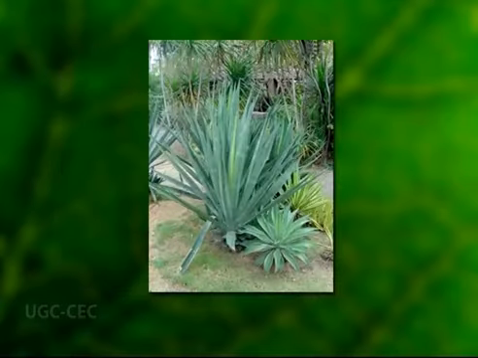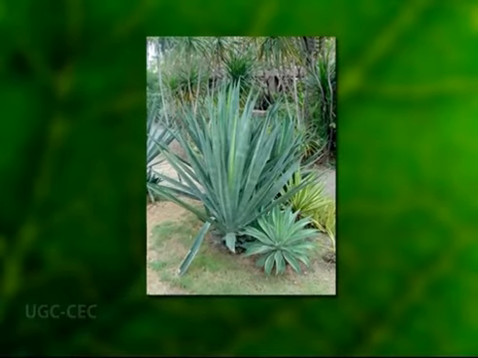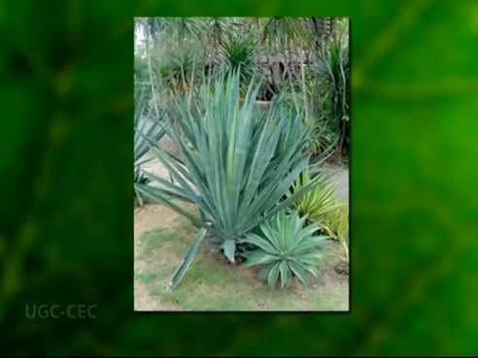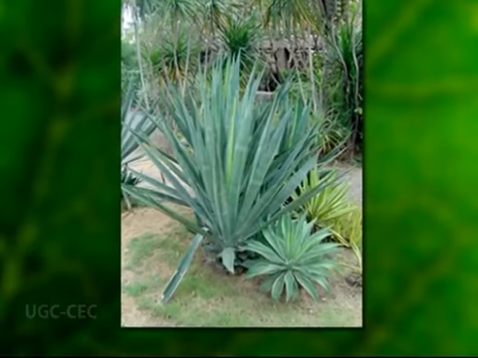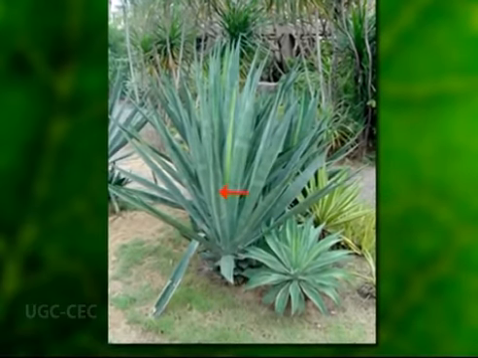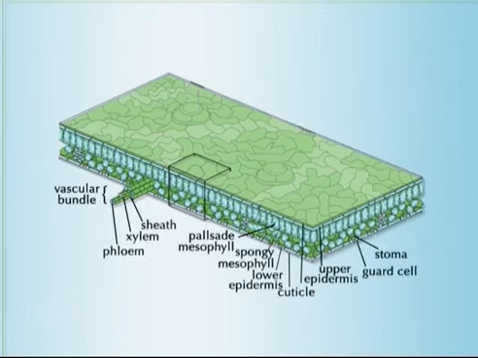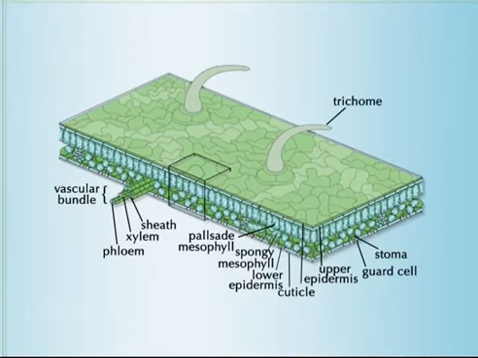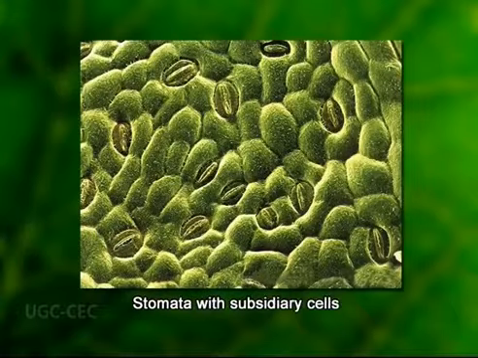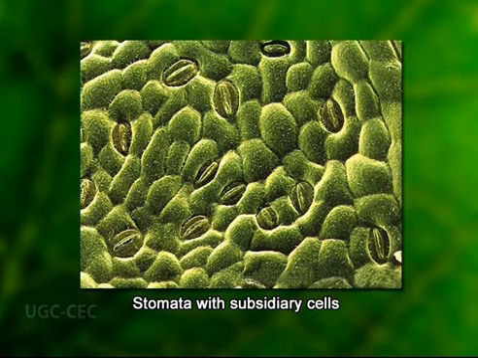The thick cuticle in the case of xerophytes or succulents growing in arid zones prevents the plant from transpiration loss. The epidermis tissue includes several differentiated cell types: epidermal cells, epidermal hair cells, that is trichomes, cells in the stomata complex, guard cells, and subsidiary cells.